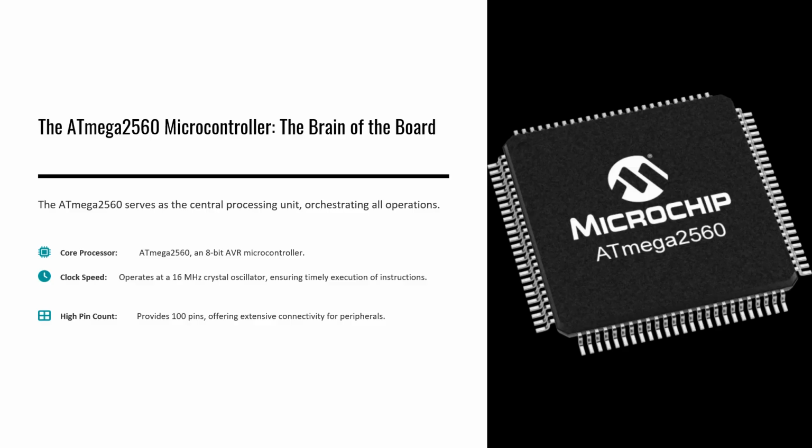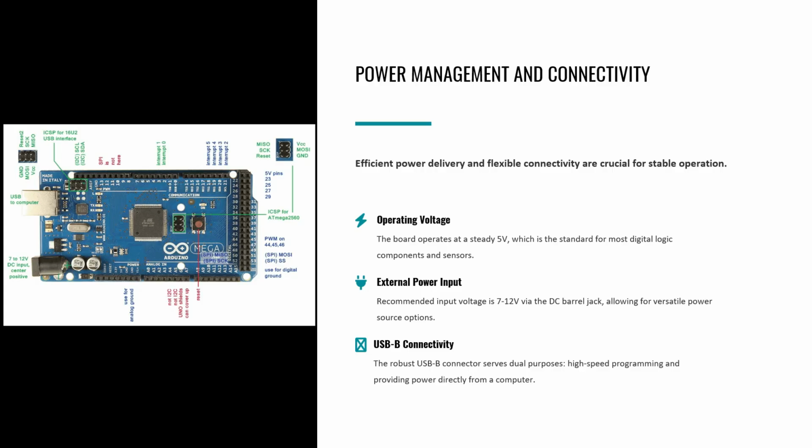Power management and connectivity. The Arduino Mega operates using a 5-volt operating voltage, which is compatible with most digital sensors and modules used in embedded systems. The board can be powered in multiple ways. The most common method is through the USB connection, which allows the board to receive power directly from a computer while also enabling programming.